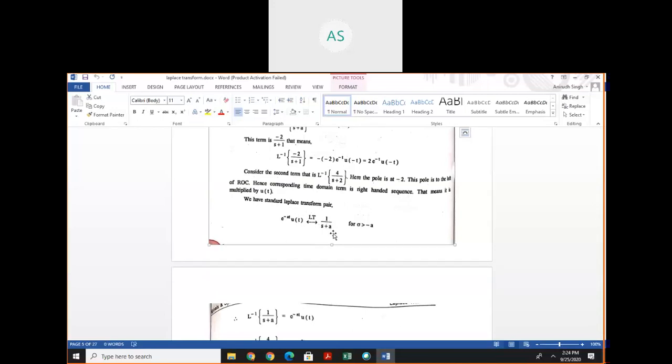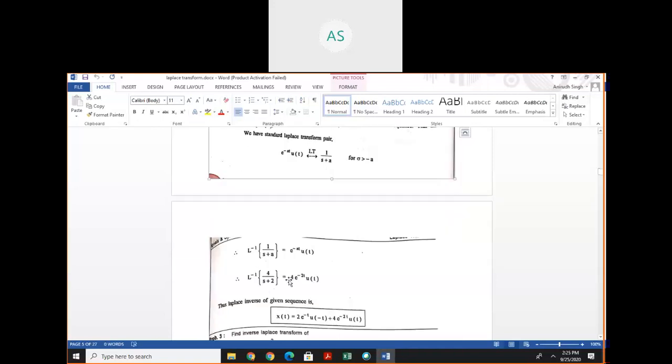Consider the second term. In the second term, this pole is to the left side of the ROC. So this is a causal signal and we multiply this signal with u(t).